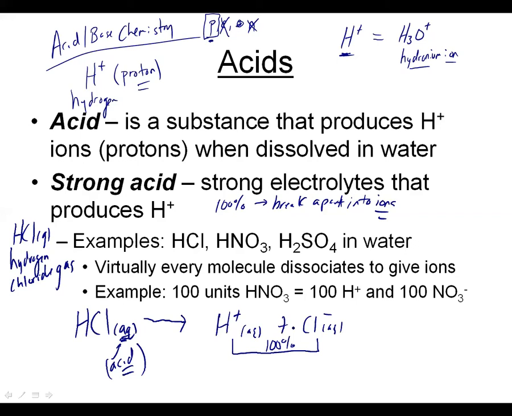It produces a lot of free H plus, and very quickly, and that's the key. Because it's able to do that, it's considered a strong acid. You have none of the HCl units still together in this case, just that free H plus floating around. Any questions on that?